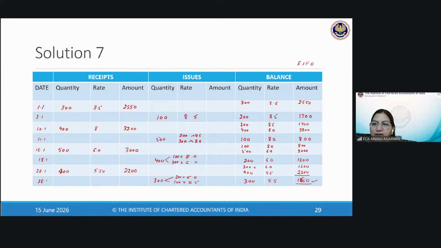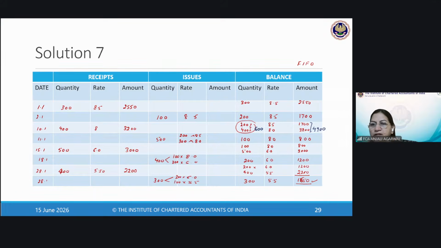This is FIFO. Had it been weighted average, you will not keep them segregated, you will merge them. You will say 600 kgs. Total costing 4900.